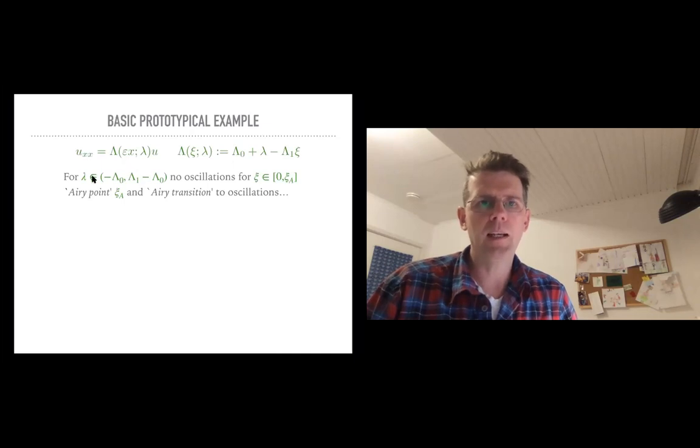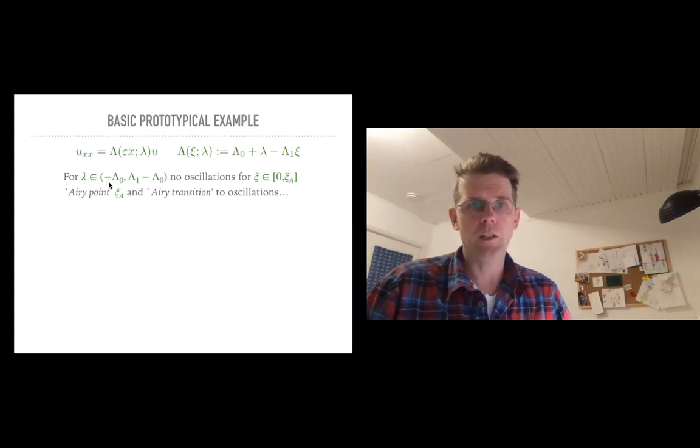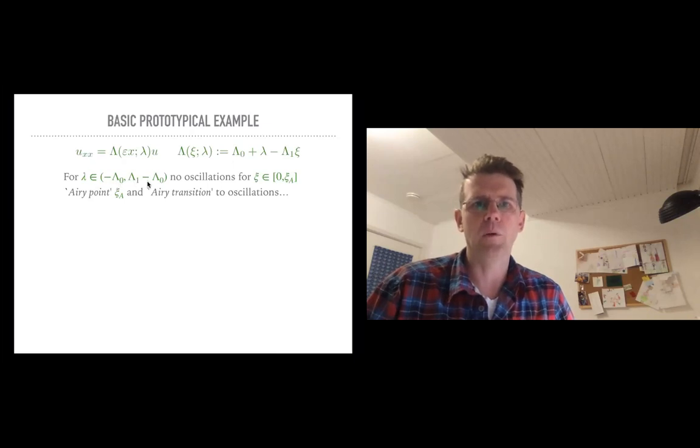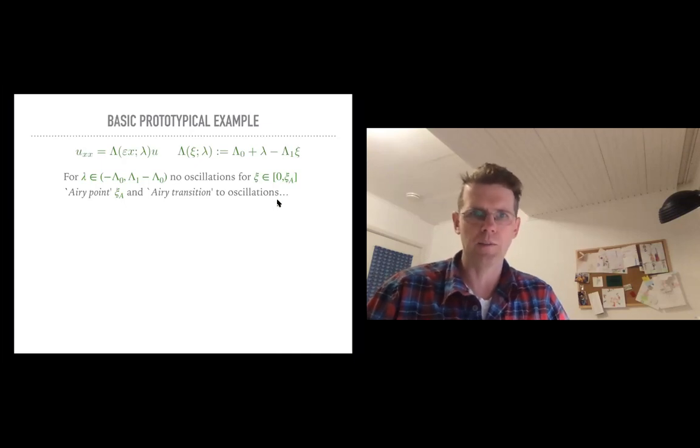Now I'm taking lambda in the opposite direction, namely bigger than minus lambda 0, but still less than lambda 1 minus lambda 0. In that situation, there are no oscillations, because the eigenvalues will be real when psi is small. Then there is a certain point when these eigenvalues become double and move into the complex plane. That's this Airy point, and there's an Airy transition to oscillations.